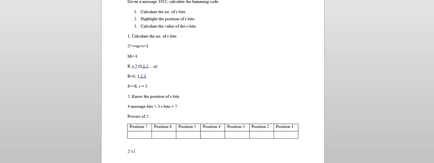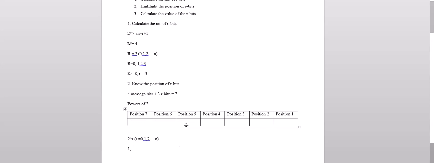Now in this case, my R will be from 0, 1, 2, all the way to n. When R is equal to 0, 2 raised to 0 is 1. When R is equal to 1, 2 raised to 1 is 2, and when R is 2, 2 raised to 2 is 4.